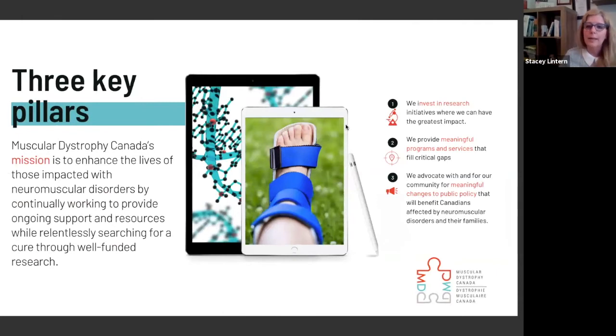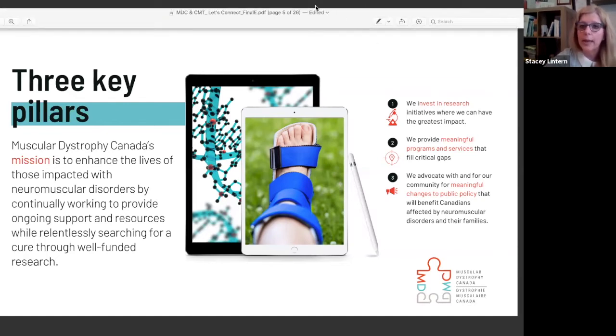We have three main key pillars within the mission of our organization. As many of you know, a key priority of the organization is research, and we're going to hear from our colleague Daria, who's going to explain some of that impact specifically around CMT. We want to provide meaningful programs and services that fill critical gaps. We know that there are a lot of gaps within different systems, whether it's healthcare or community, where unfortunately our community often falls through those gaps.